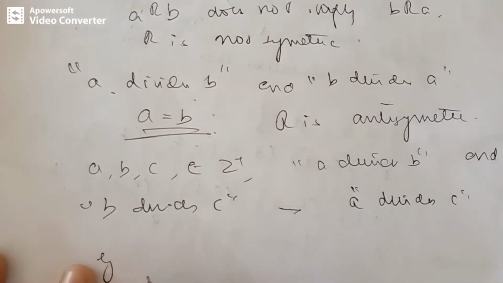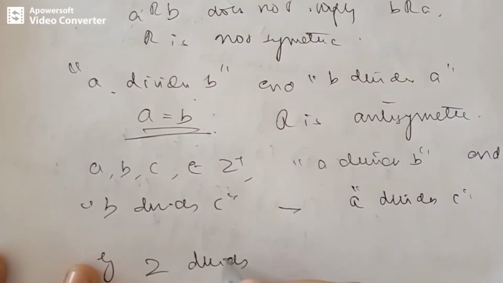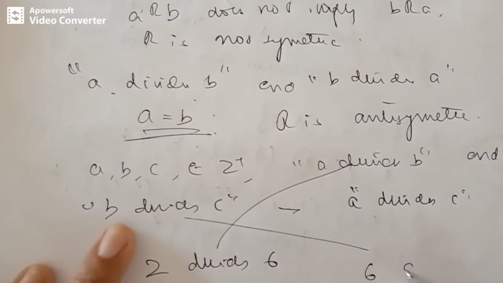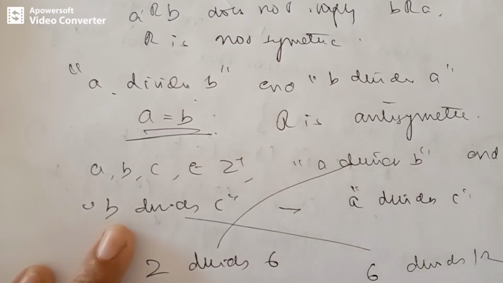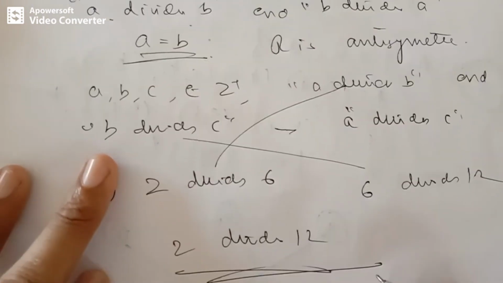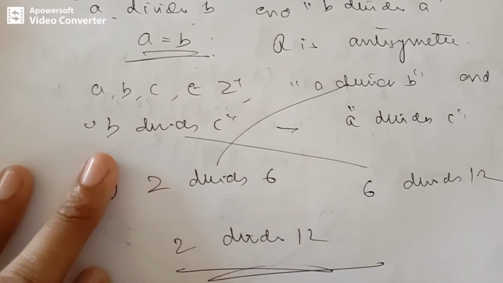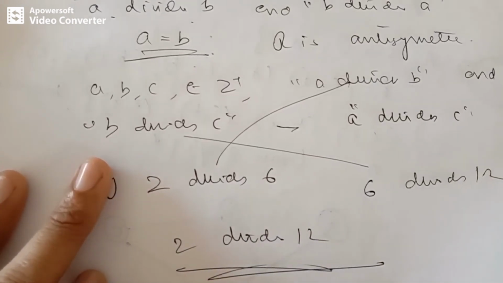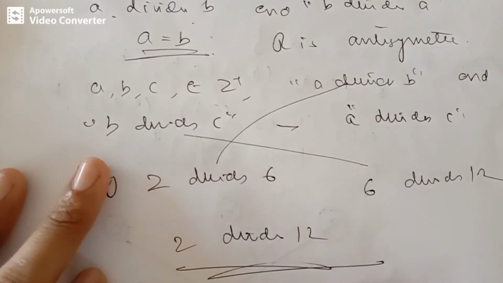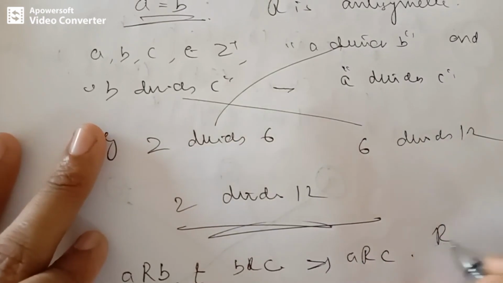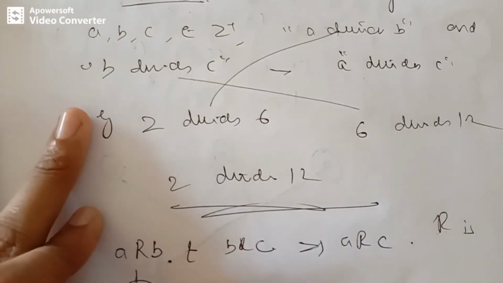Take for example 2 divides 6, and then 6 divides 12. Does it mean that 2 divides 12? Yes, obviously it is true. Therefore, whenever A is related to B and B is related to C, this implies that A is also related to C. Therefore, relation R is transitive.